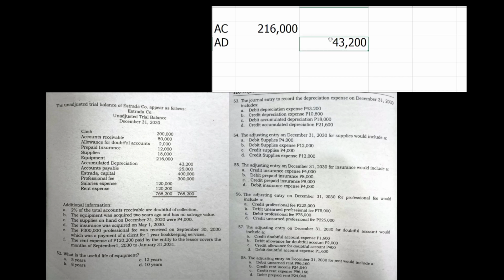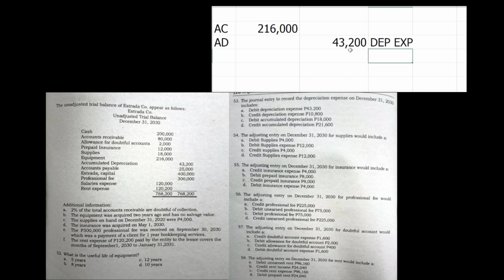So, kung hindi pa to na-reflect or kung hindi pa siya gumawa ng adjusting entry for this year, malamang isang year lang to. So 43,200. So ibig sabihin ito yung depreciation expense niya, annual depreciation expense.